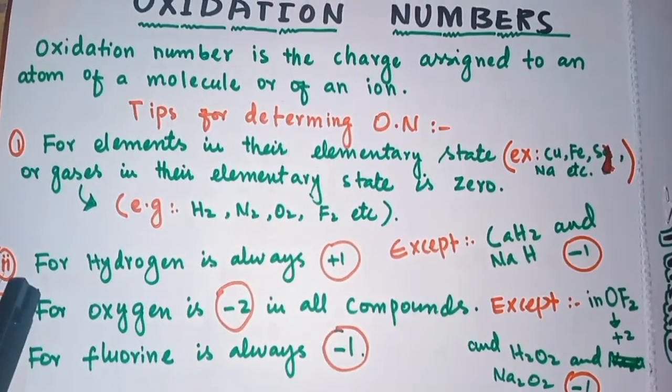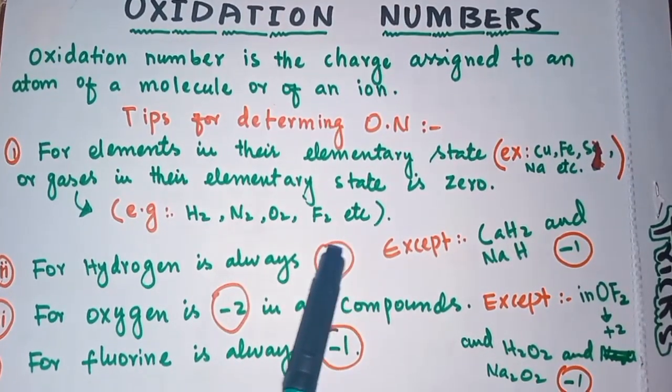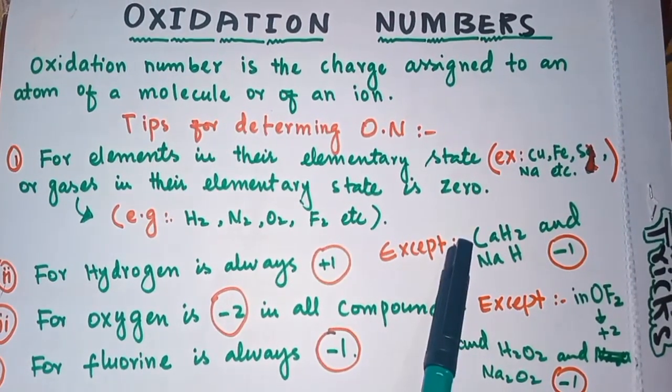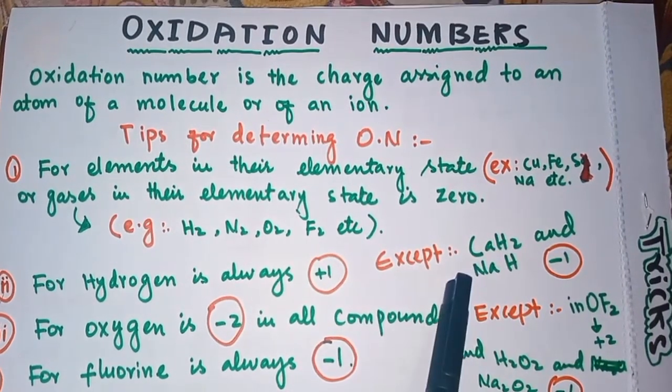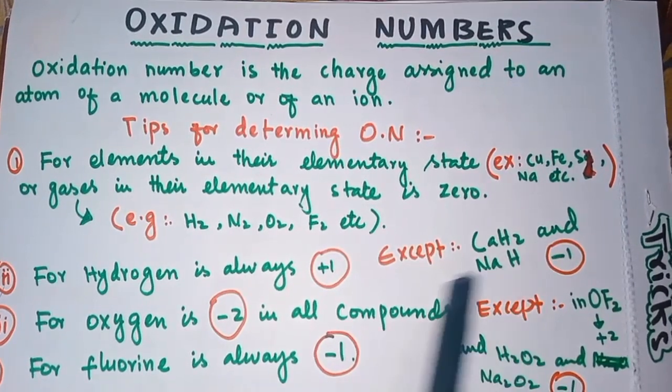Tip number 2: for hydrogen the oxidation state is always +1, except in alkali hydrides like CaH2 and NaH, which have oxidation state -1.